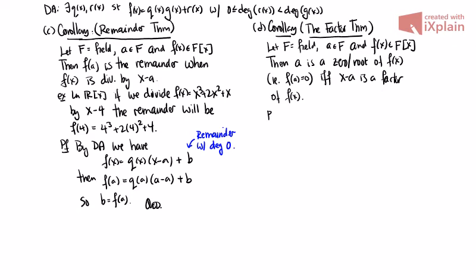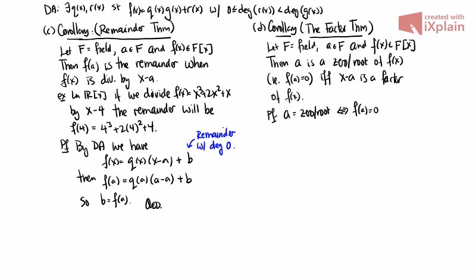So the proof of this is pretty obvious. Because it's a root, meaning f of a is 0, but f of a is the remainder. So we could say a is a zero or root if and only if f of a equals 0.